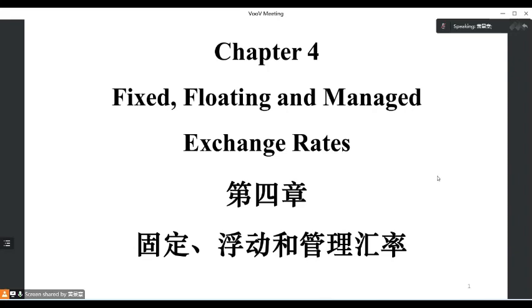Let's go on. Chapter 4. Fixed, floating, and managed exchange rate. In Chinese we can say 第4章固定、浮动和管理汇率。Section 1.